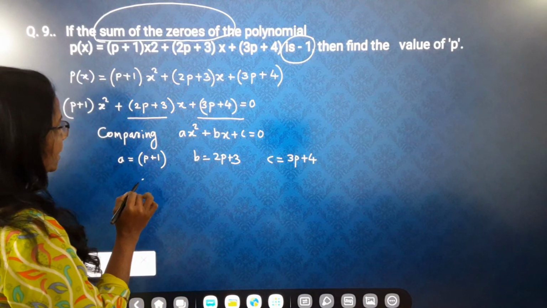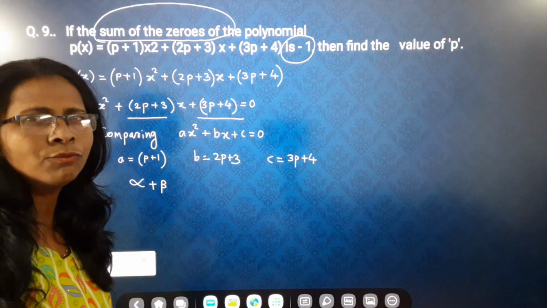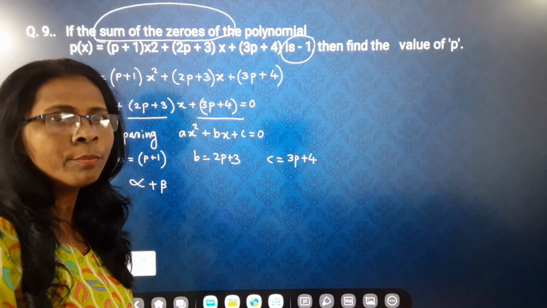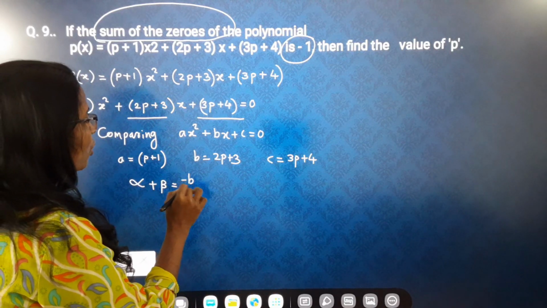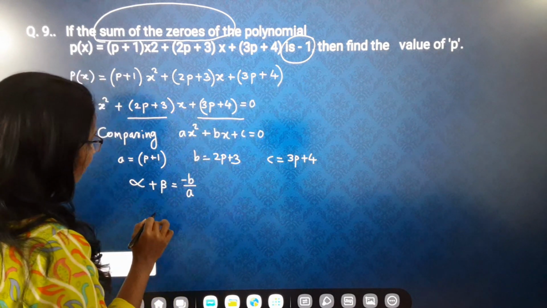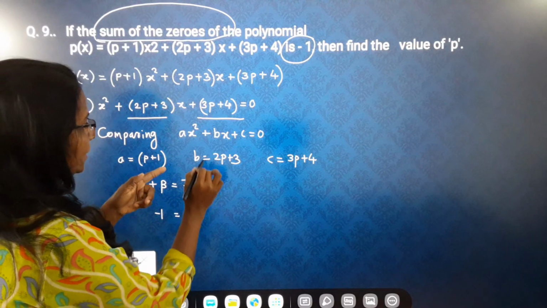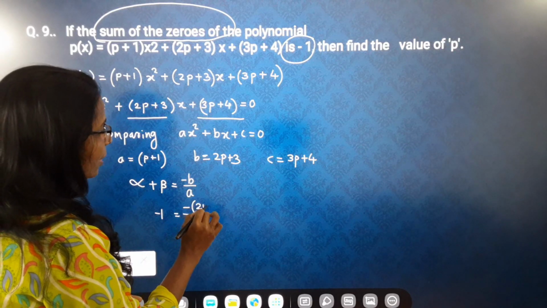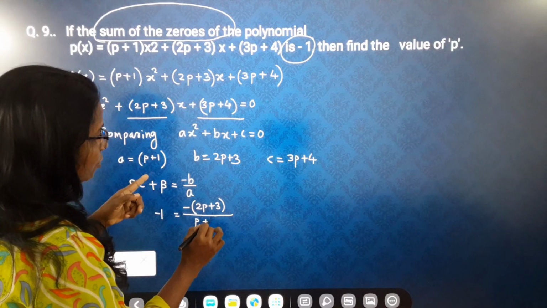Suppose alpha and beta are the zeros of the polynomial, then their sum is equal to minus b upon a as per the formula. But here the given value is minus 1. So I write alpha plus beta is equal to minus 1, and that is minus 2p plus 3 divided by p plus 1.